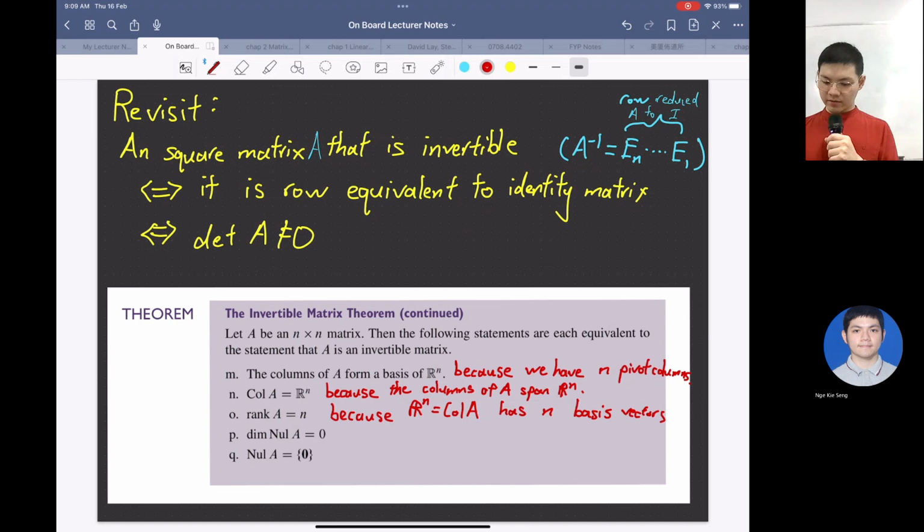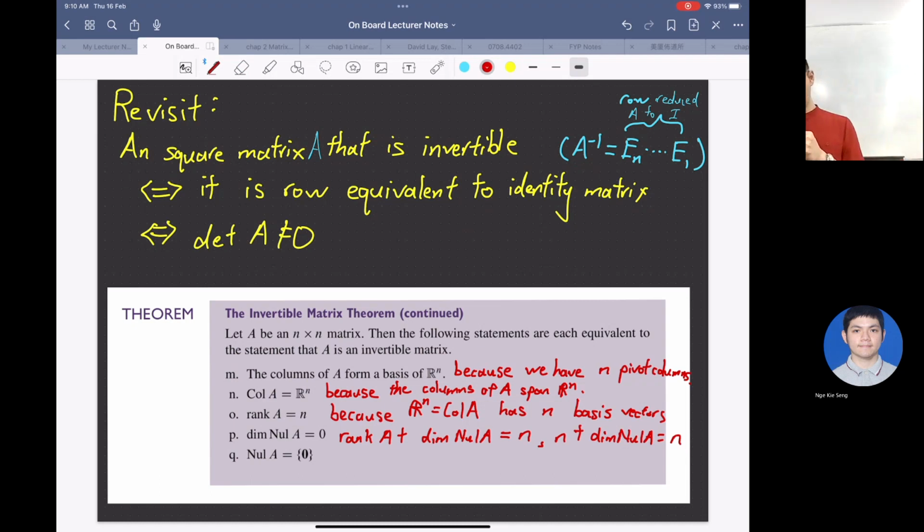Okay. The dimension of Nul A is equal to 0 because of the rank theorem, right? The rank theorem, what do you get? The dimension theorem, what do you get? You get rank A plus dimension of Nul A is equal to n. Okay. But since the rank of A is n, the dimension of Nul A is 0. Okay, sorry. So the dimension of Nul A is 0. Okay.